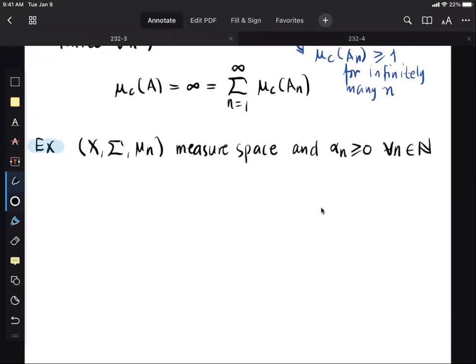Then, I can show that if we take the linear combination, or an infinite linear combination, of these measures having the weights alpha sub n, this is also a measure space.